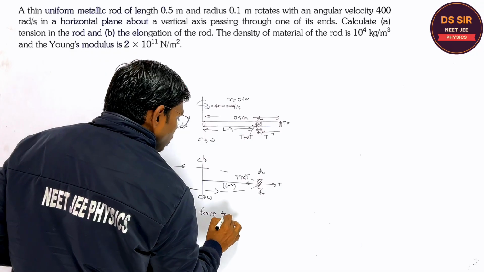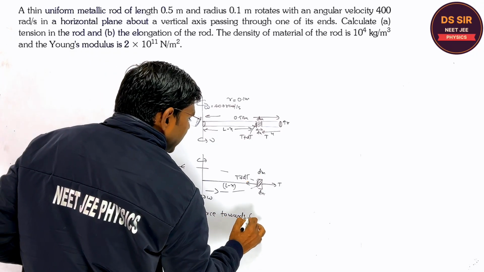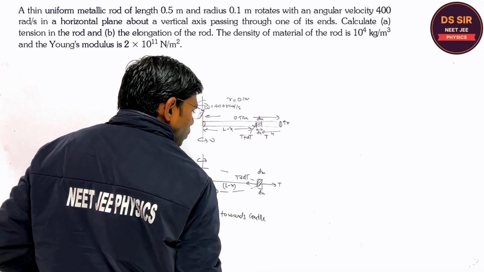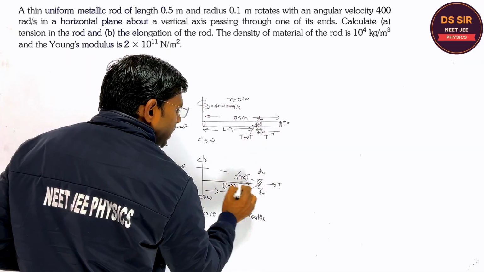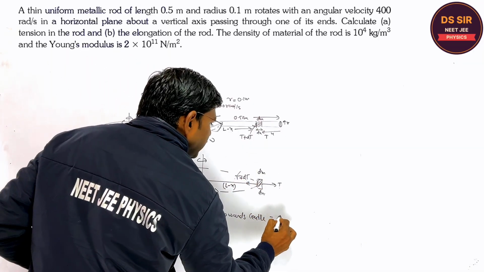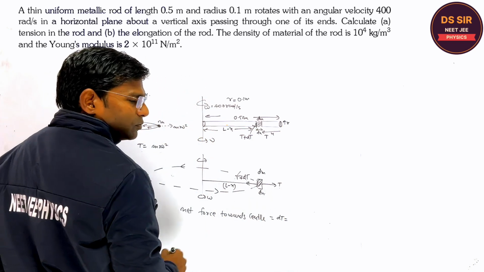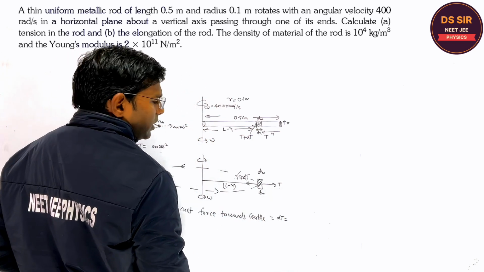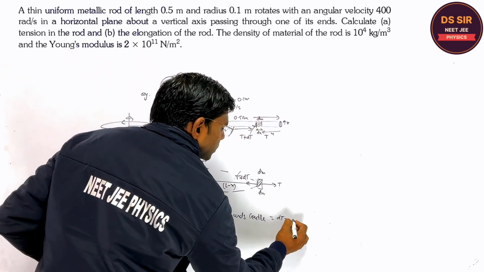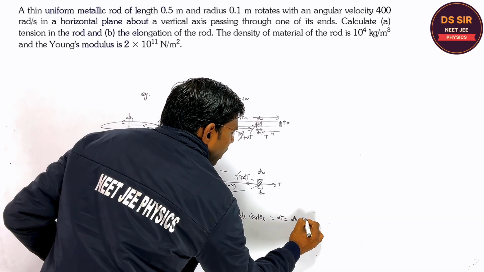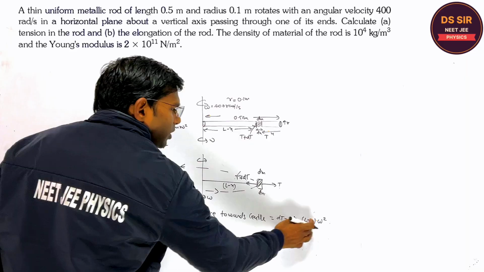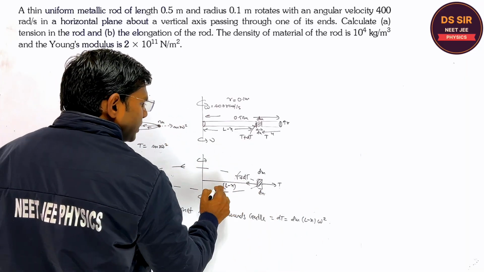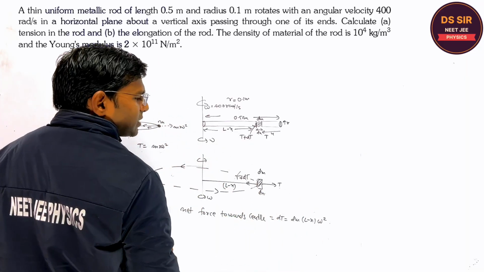It is T plus dT and T. So T and T cancel out, only dT will provide the required centripetal force. And the required centripetal force is equal to dm r omega square. The radius of this circle is L minus x.